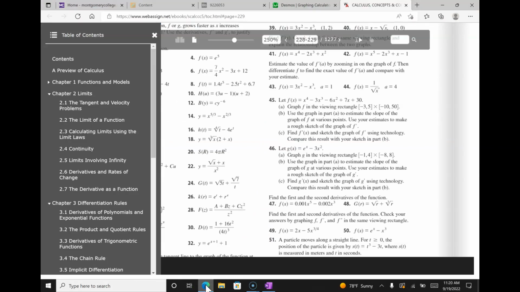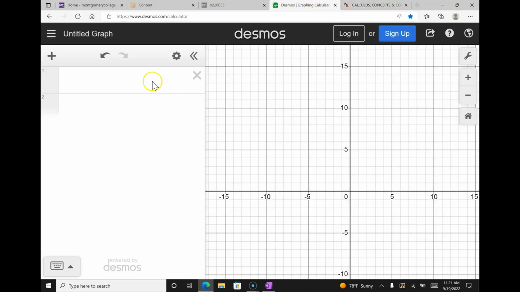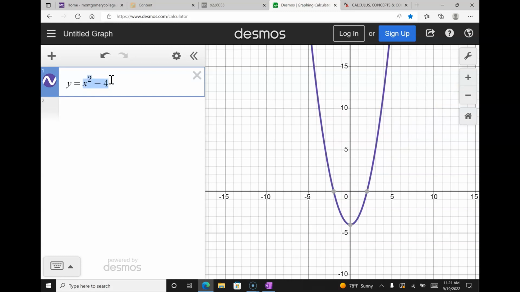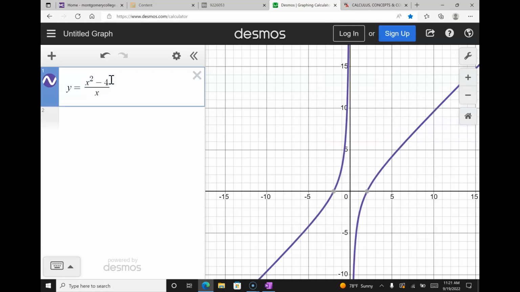So on Desmos, my first function, right, is y equals x squared minus 4 divided by x minus 2.